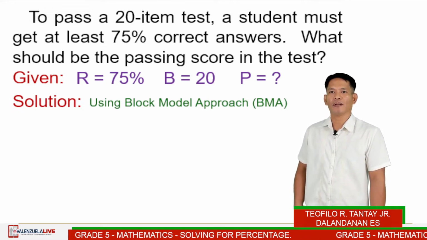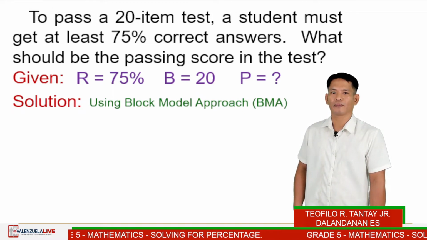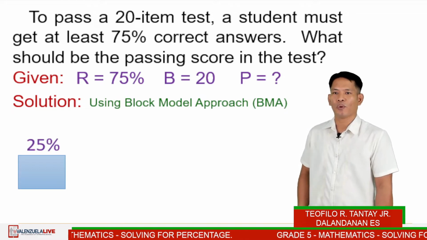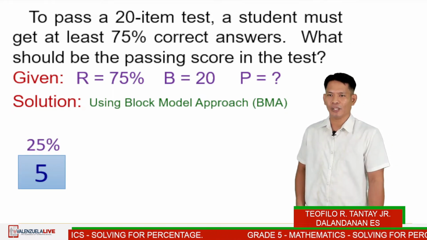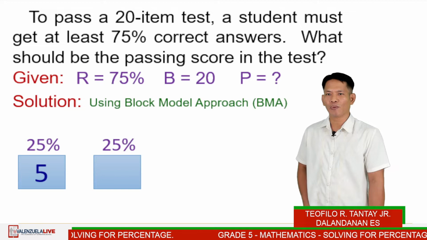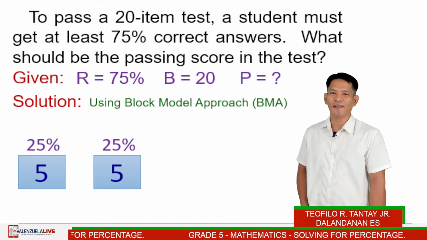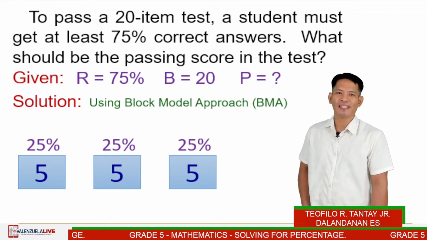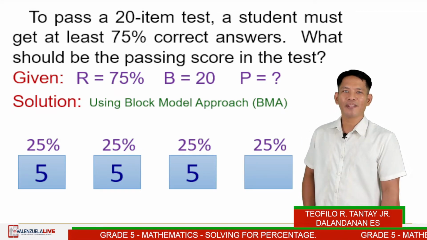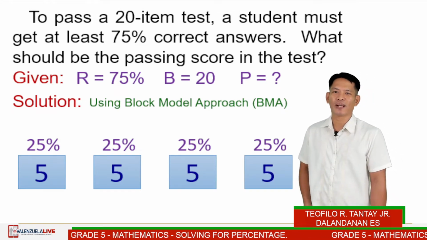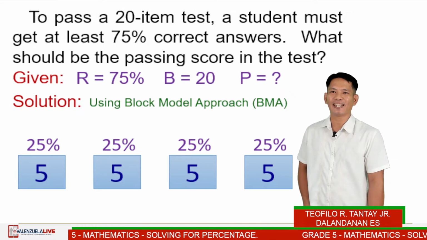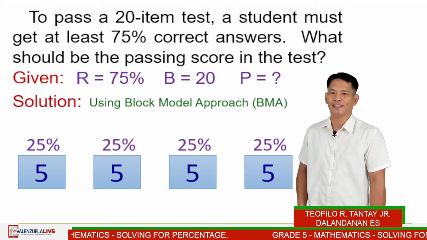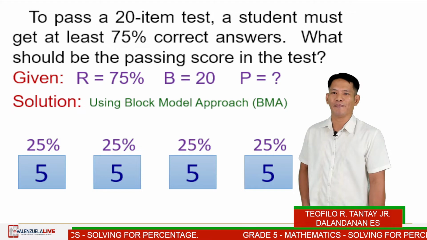Applying the formula and by using the block model method, we have 25% is equal to 5, another 25% is equal to 5, 25% is also equal to 5, and another 25% is equal to 5. Since 25% is equal to 1/4, and 1/4 of 20 is 5.